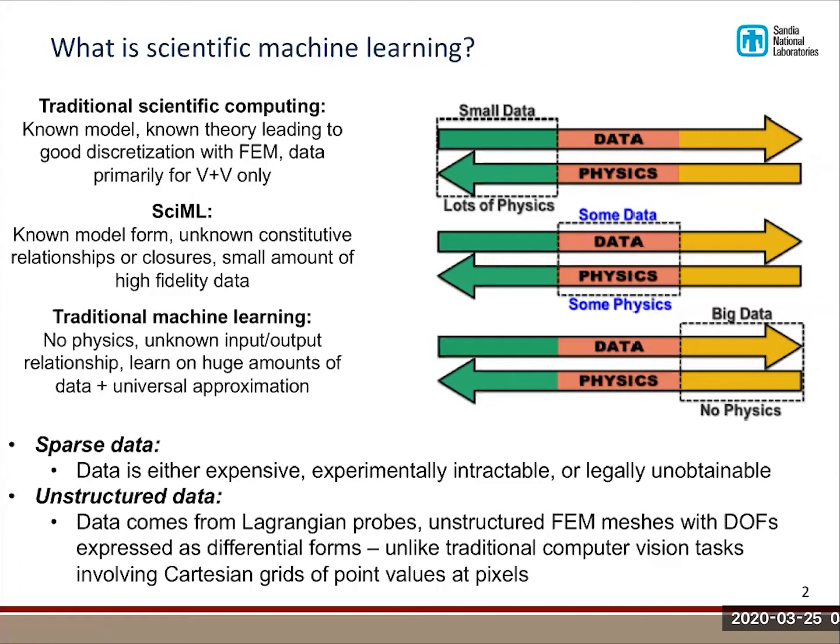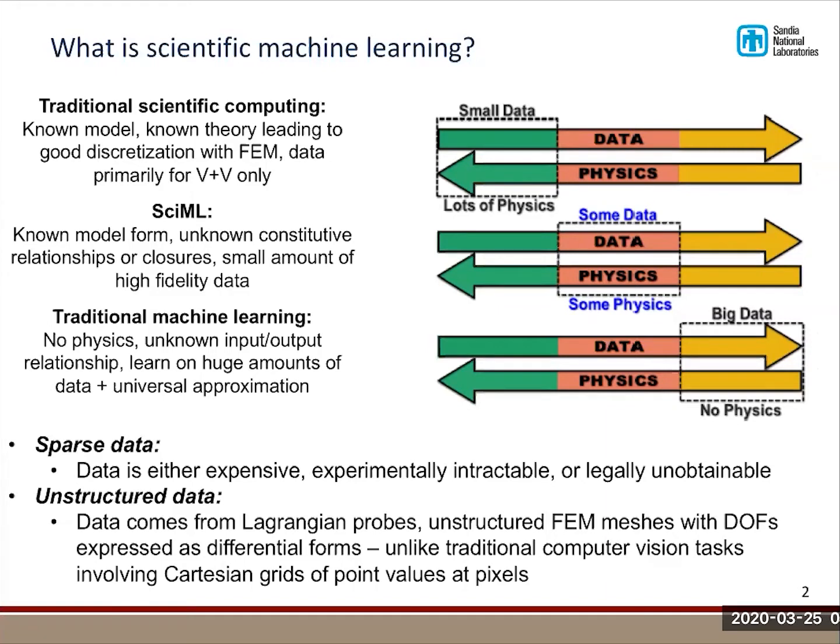Unlike traditional scientific computing, where you might have a known model, known discretizations, mature tools and mathematics for how those work, and where data is primarily just used for validation and verification, on the other end of the spectrum is traditional machine learning, where you don't know anything.